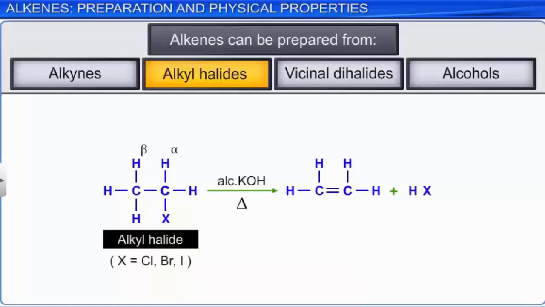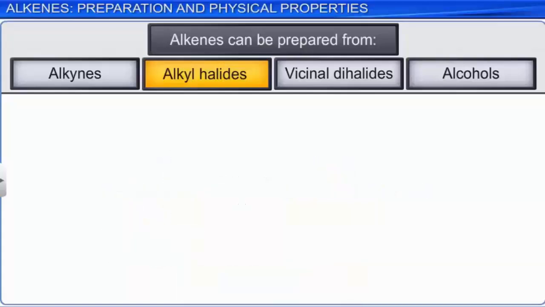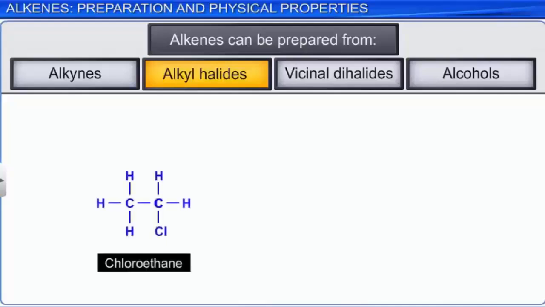As hydrogen and halogen atoms are removed in the form of halogen acid from alkyl halide, the reaction is also known as dehydrohalogenation reaction. For example, 1-chloroethane on heating with alcoholic potassium hydroxide forms ethene.